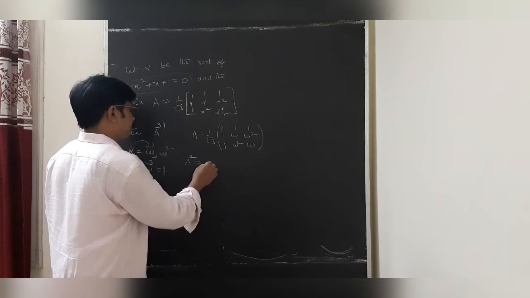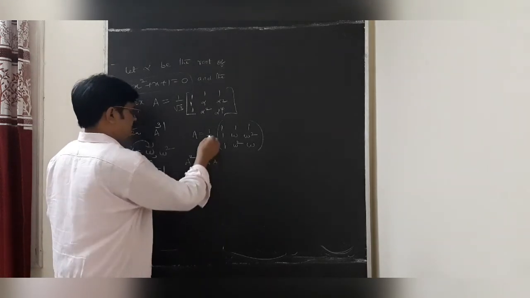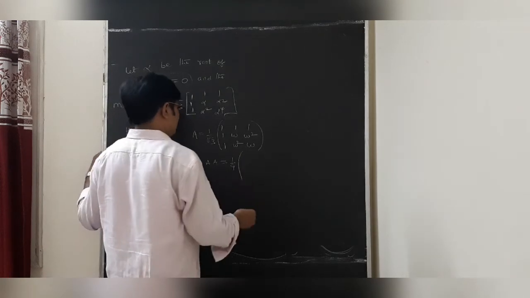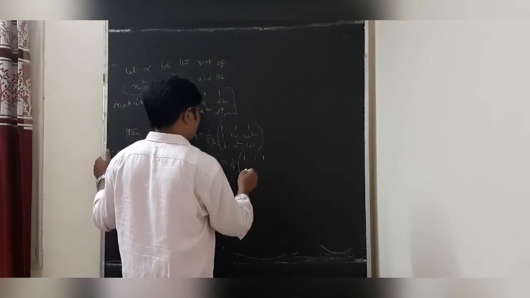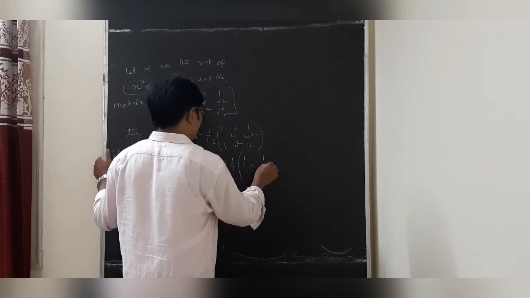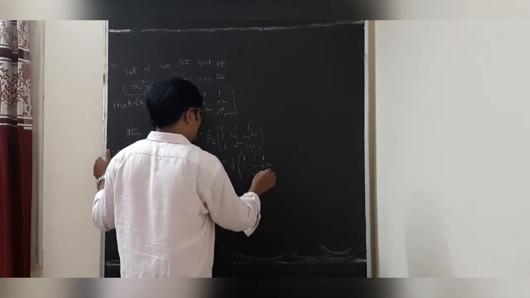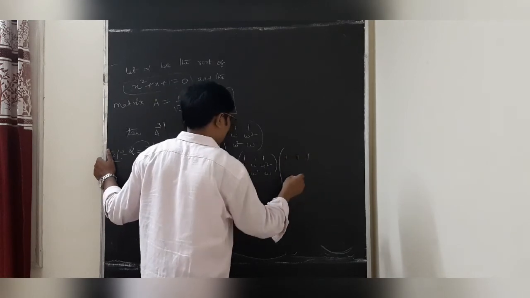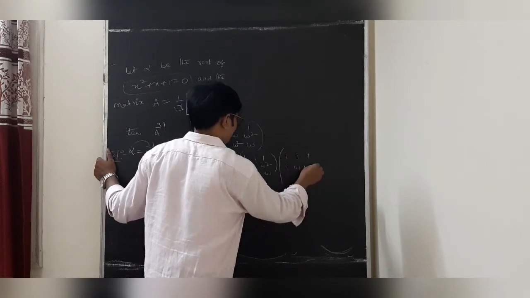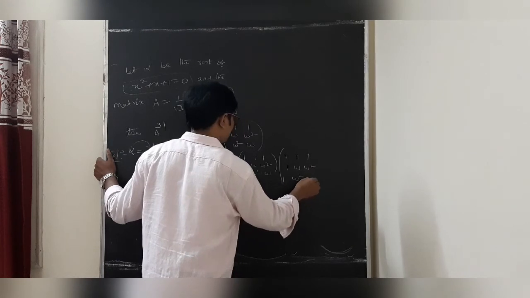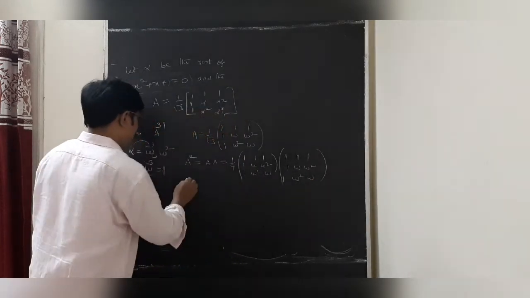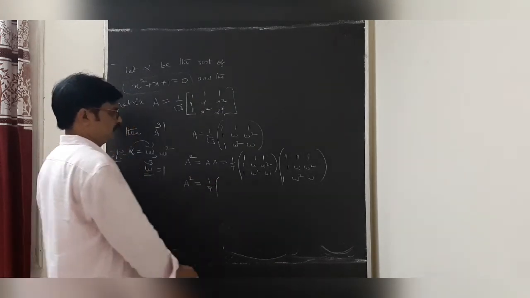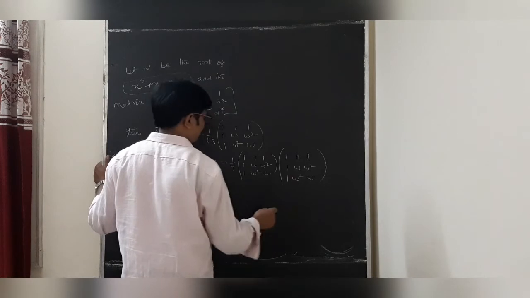A square is a into a. This is 1 by root 3 into 1 by root 3, that is 1 by 9. So you can write 1 by 9 times the matrix 1, 1, 1; 1, omega, omega square; 1, omega square, omega, multiplied by the same matrix.